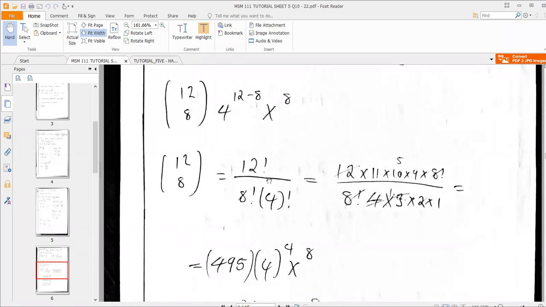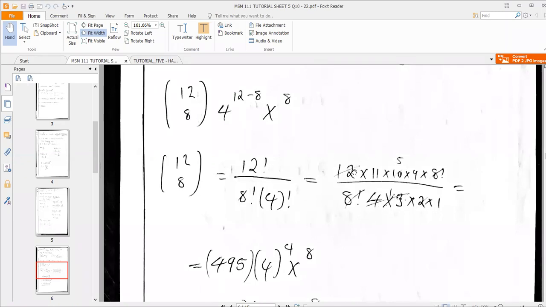You know that 12 factorial can be written as 12 times 11 times 10 times 9 times 8 factorial, isn't it? We end here where there's 8 factorial, so we compare it to this 8 factorial which is done. So we can just cancel these 8 factorials, right? Then here the 4 factorial can be written as 4 times 3 times 2 times 1, right?